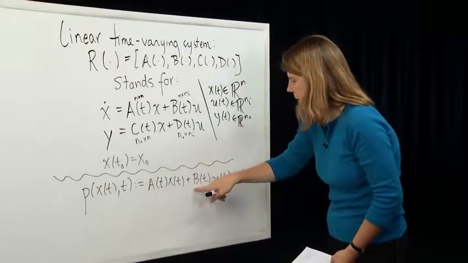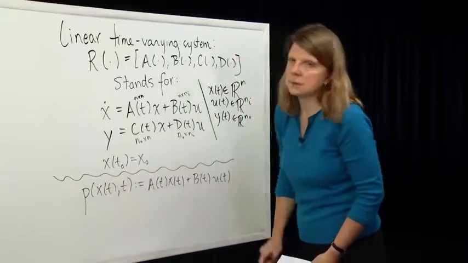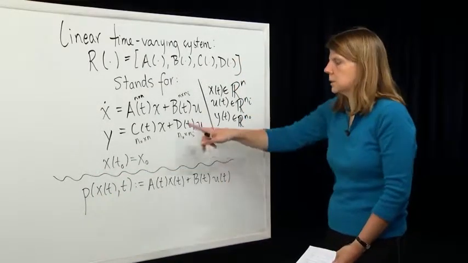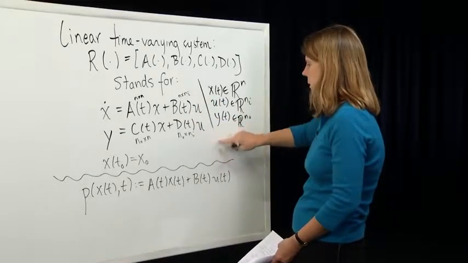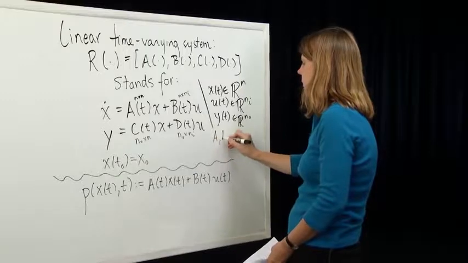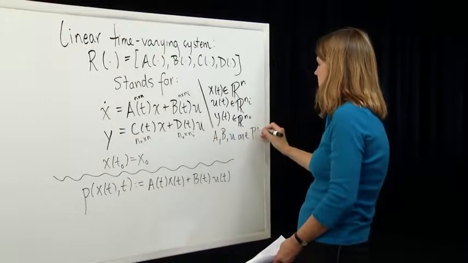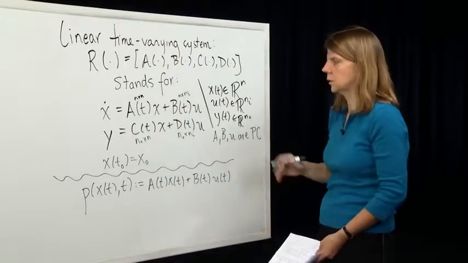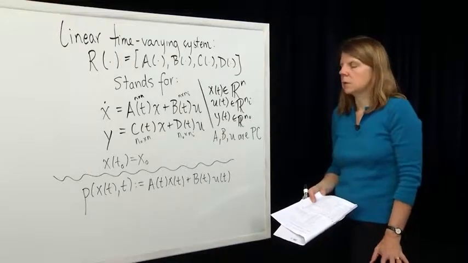If A, B, and u are piecewise continuous functions of time, then p itself is a piecewise continuous function of time. So let's include that in our definition: let's make sure that A, B, and u are piecewise continuous in time. So they're piecewise continuous functions.